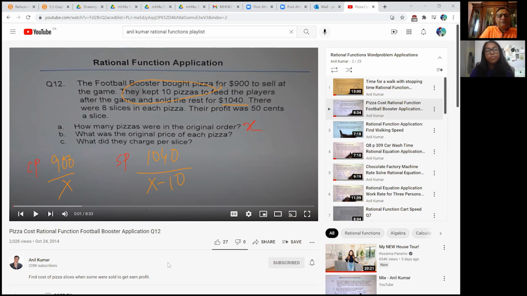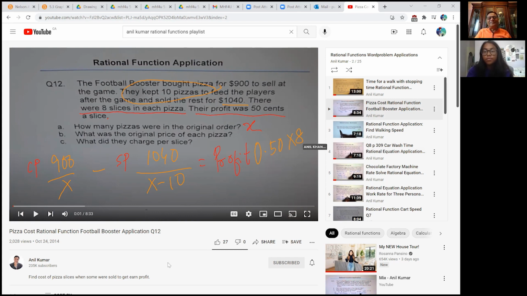If I take the difference, we get the profit, right? So we are now talking about profit. What is the profit given to you? 8 slices in a pizza, 50 cents per slice, so 50 cents times 8 slices is $4 profit per pizza.